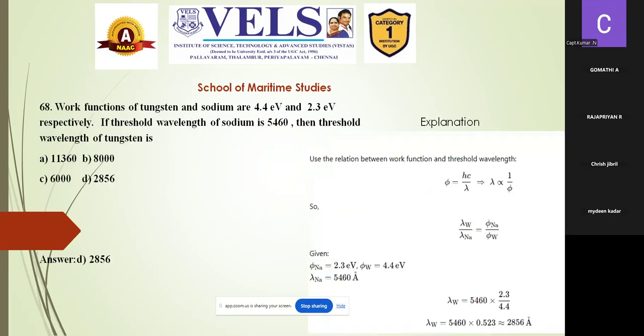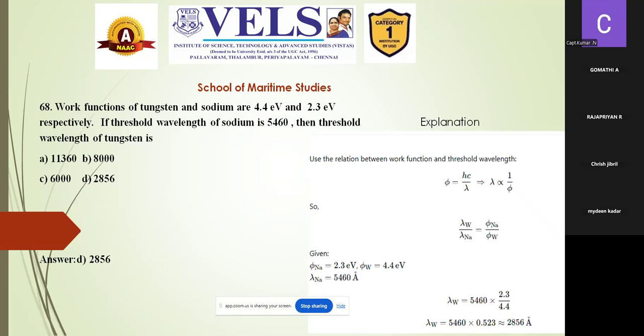The next question is, work functions of tungsten and sodium are 4.4 electron volt and 2.3 electron volt. The work functions we can represent as phi naught. Work function of tungsten, phi W, is equal to 4.4 electron volt.